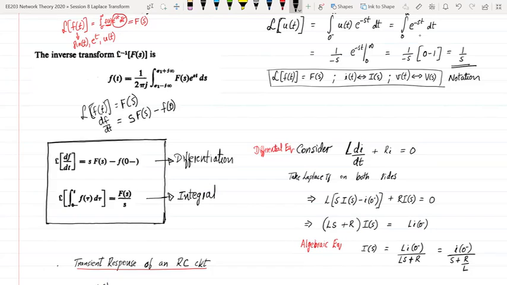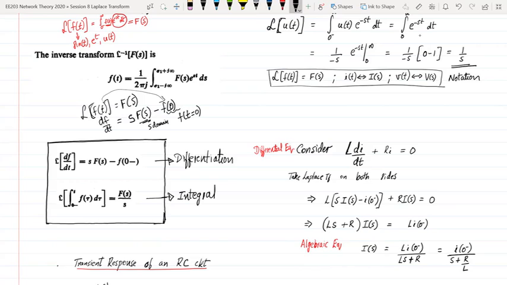Okay. Remember that this is in the s domain. This is just a constant. It is telling me what is f of t equal to 0. So if I take the original function f of t at time equal to 0 and find out the value, that is f of 0.